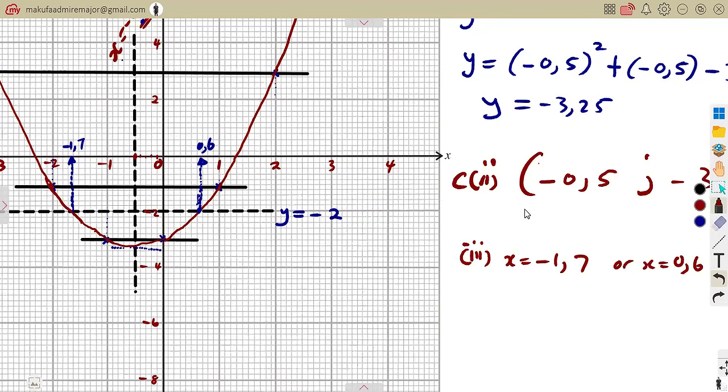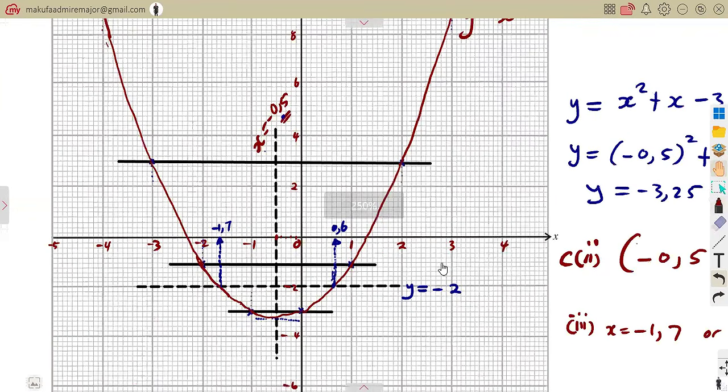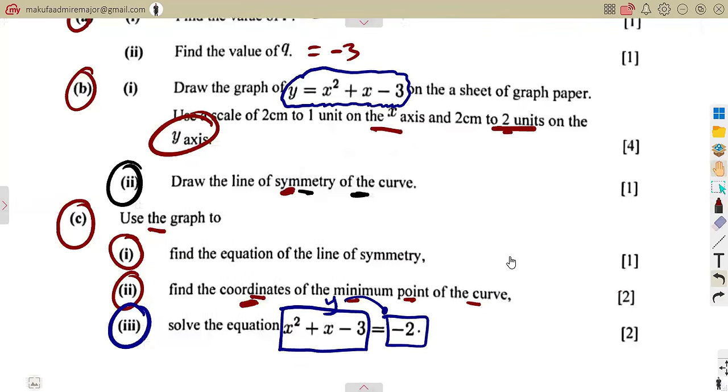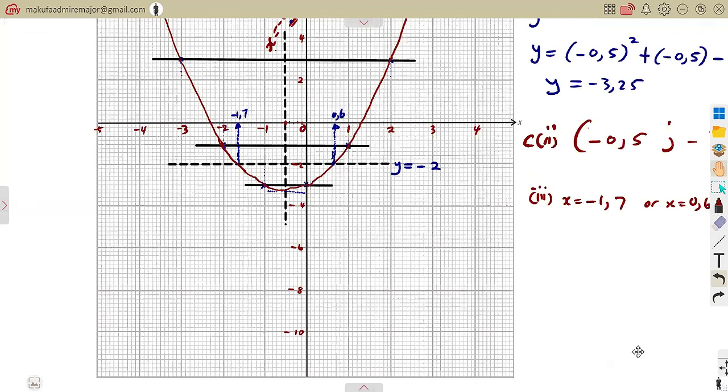So it's going to be 0.6 or 0.7, somewhere there, depending on the graph that you are having. That is how you could have answered this question. All right. So guys, let's revise as many questions as we can.